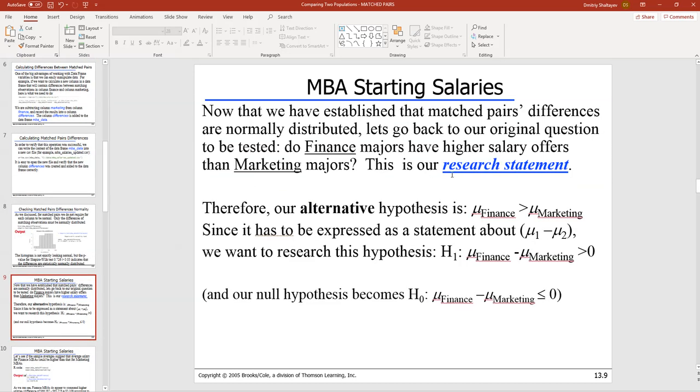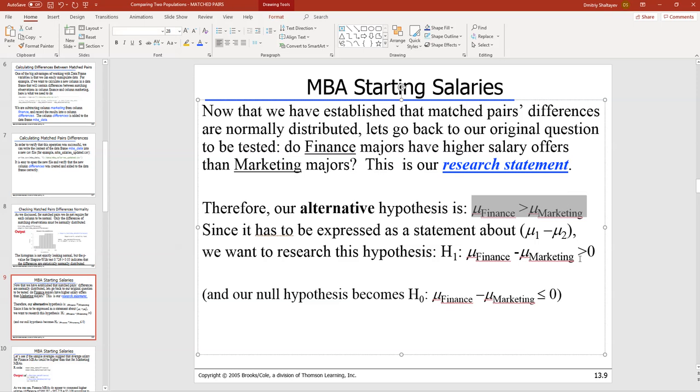And that becomes my research statement, right? So therefore, because it's a research statement, we know it becomes an alternative hypothesis. So my hypothesis that I'm trying to test is that the average salary for finance grads is higher than the average salary for marketing grads. But remember, everything that we do should be expressed in terms of difference, right?